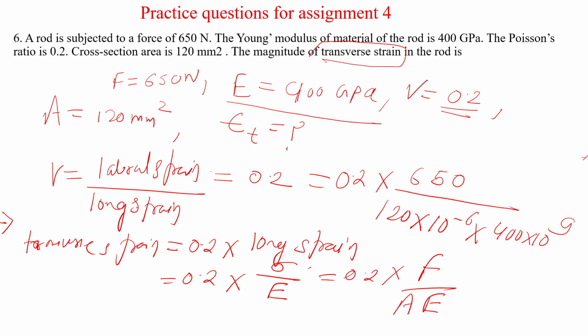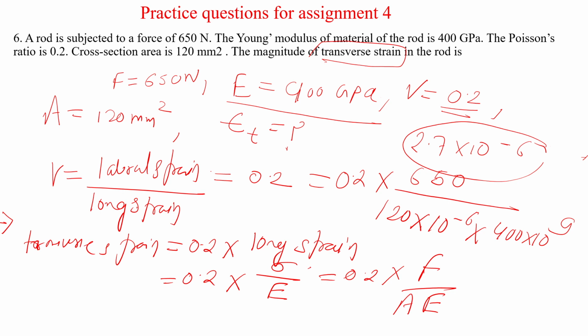How much? 1.203 into 10 raised to power minus 6. Actually, I am getting 2.7 into 10 to the power minus 6. Please check, there may be some calculation mistake. Right, it's 2.7 into 10 raised to minus 6. Everyone got this, na? You understood how we got it?